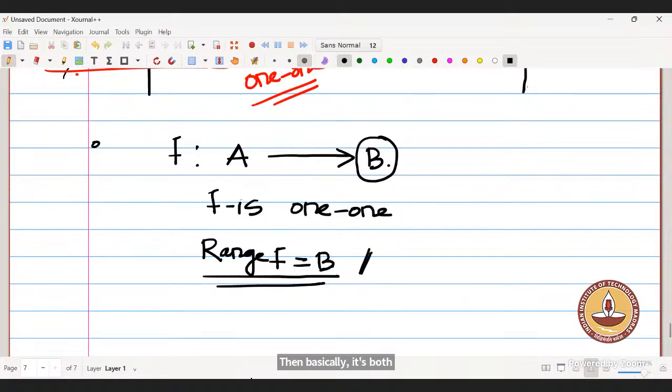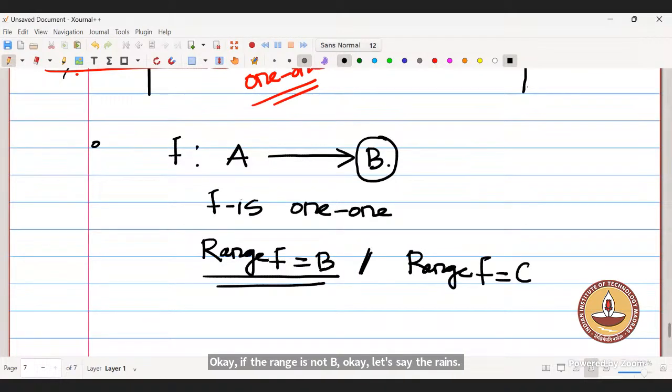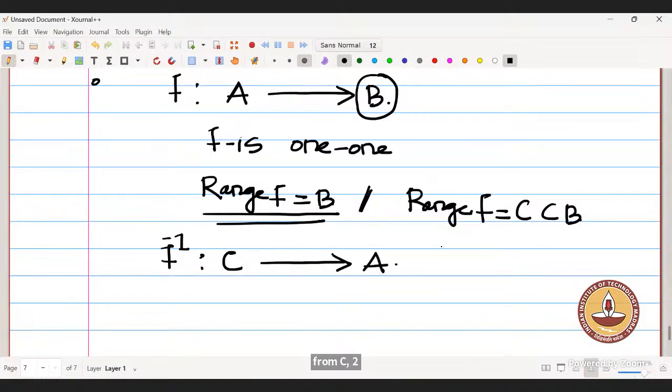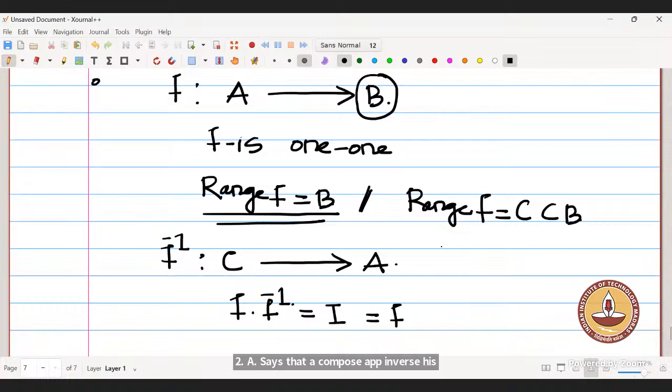If the range is not B, let's say the range of f is some C, which is a subset of B, still, in that case, I can talk about the inverse. I'll have a map f inverse from C to A such that f compose f inverse is identity, which is also the same as f inverse compose f.